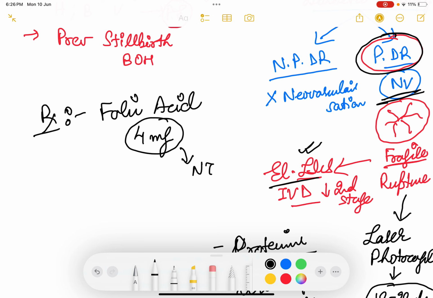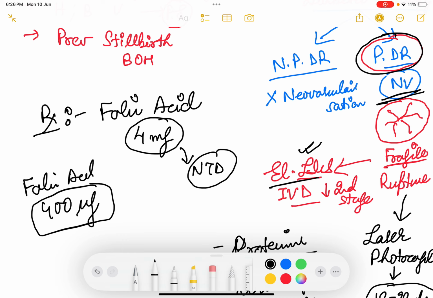Neural tube defect prevention के लिए we start a high dose, 10 times high dose. Normal folic acid dose in pregnancy is 400 micrograms. Here we are giving 4 milligrams, which is actually 4000 micrograms.